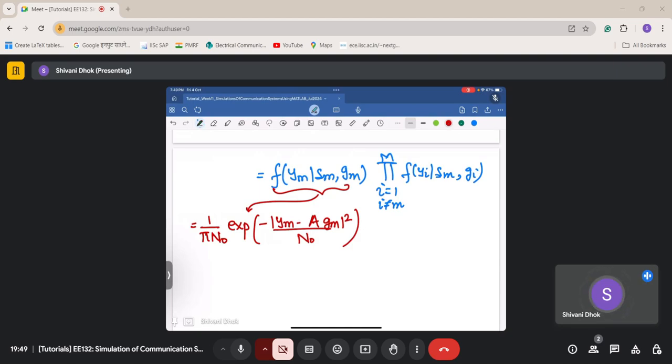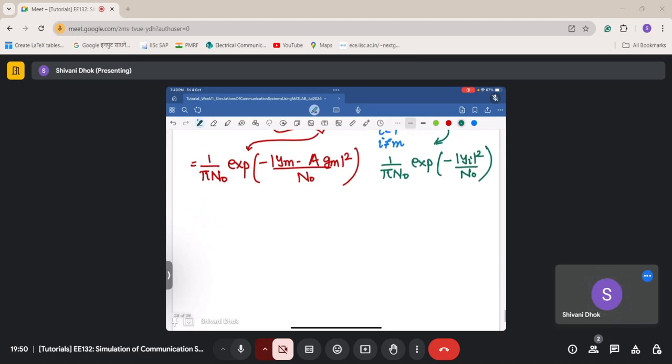And these particular things here will be equal to 1 over pi n naught e power minus mod yi square by n naught.